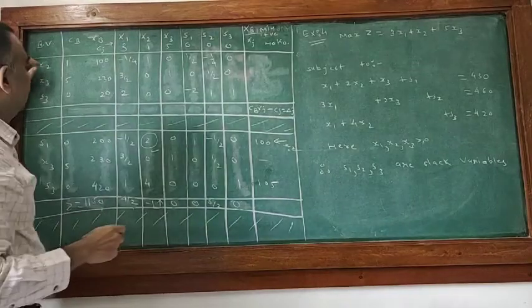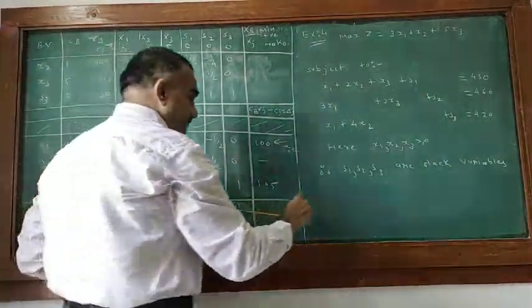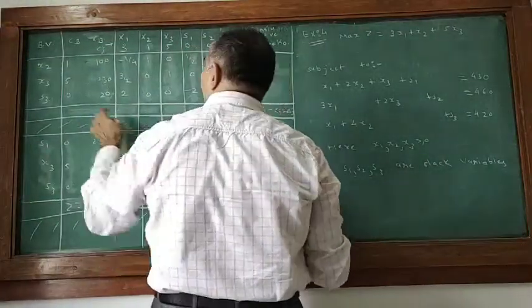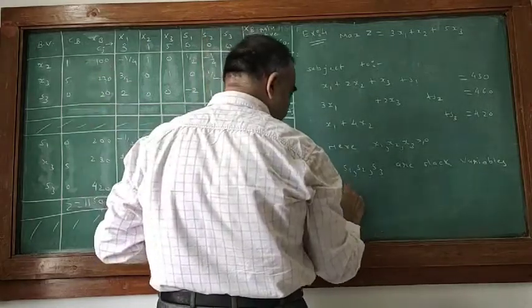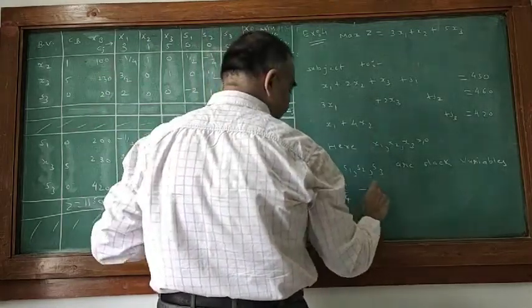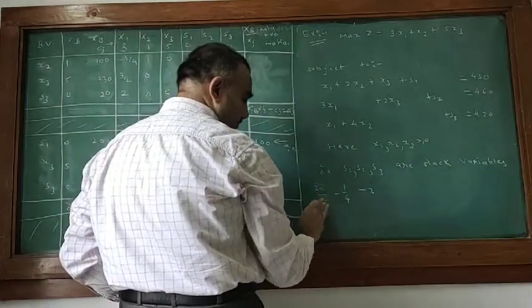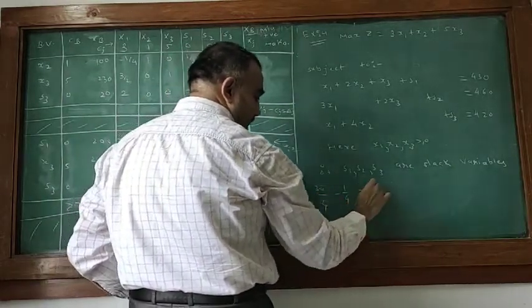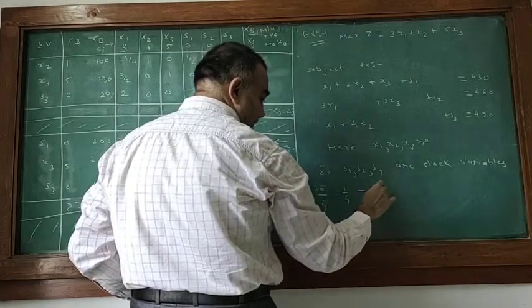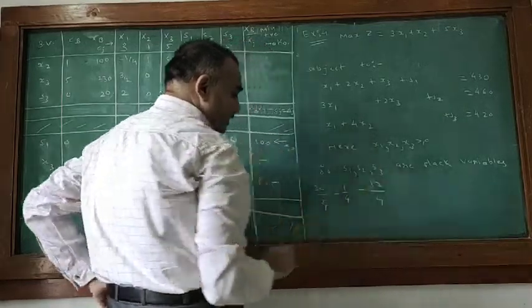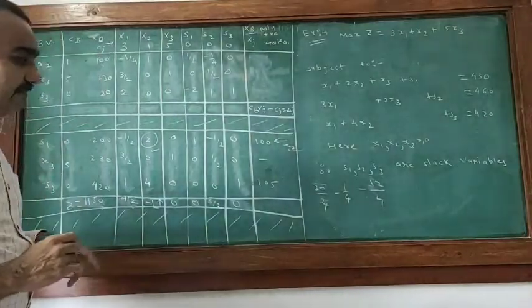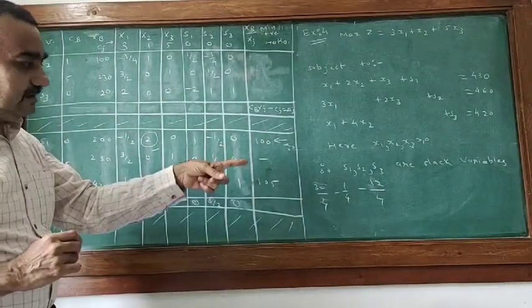15 by 2. What is this calculation? 15 by 2 minus 1 by 4 minus 3. So it is 30 by 4 minus 12 by 4. Means this is equal to 29 minus 12.